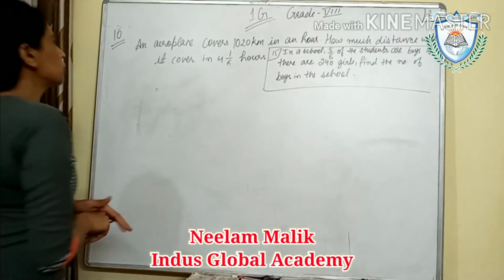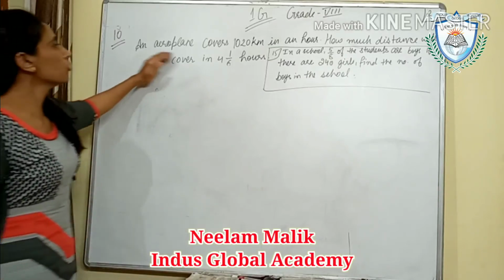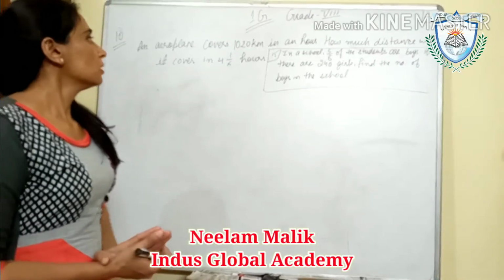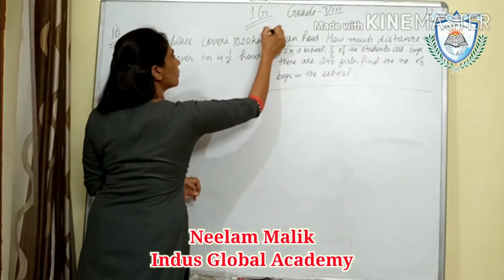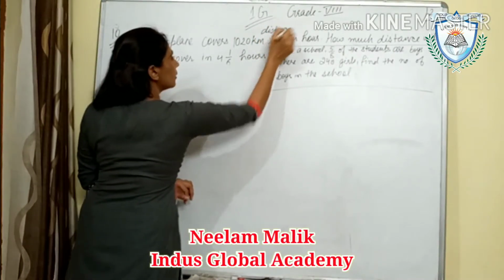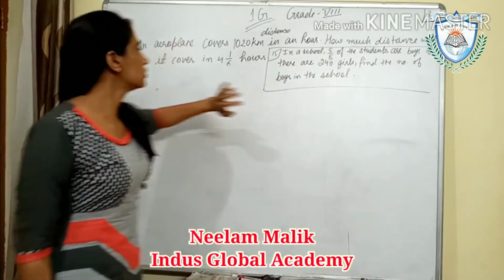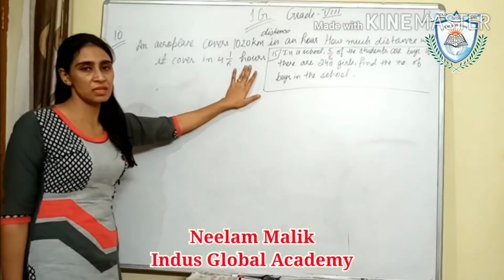Next question is question number 10. The statement is: an aeroplane covers 1020 kilometer distance in an hour. How much distance will it cover in 4 whole 1 upon 6 hours?